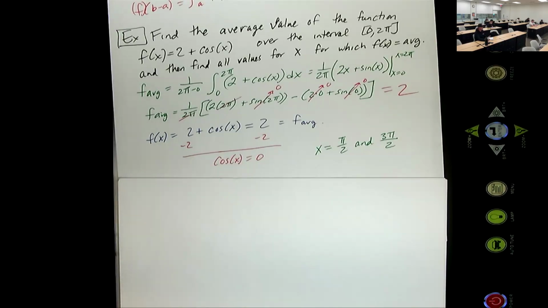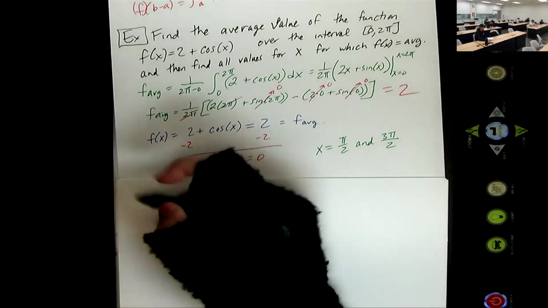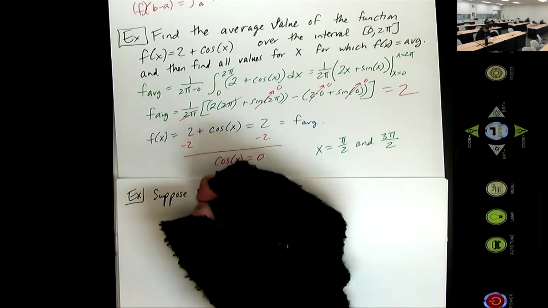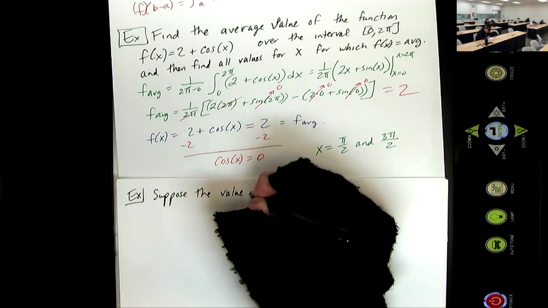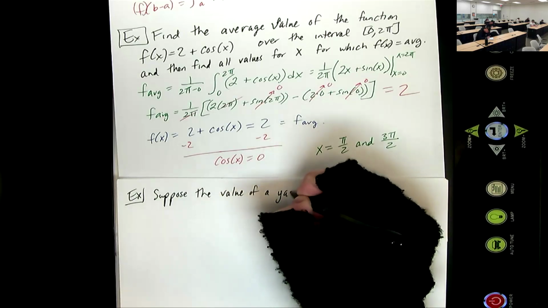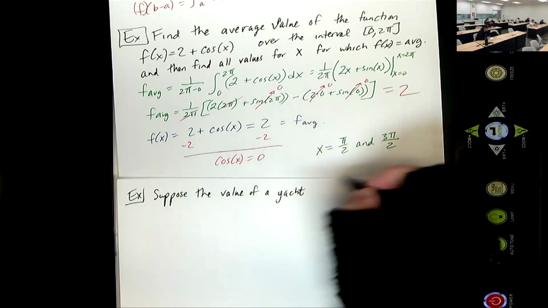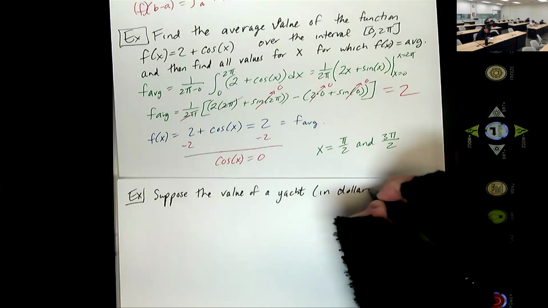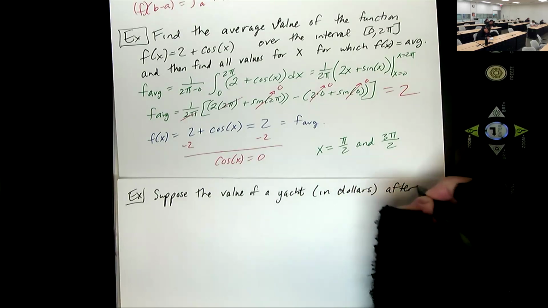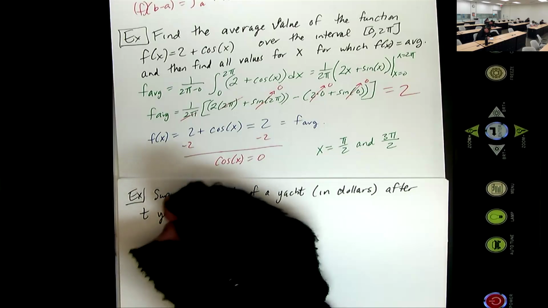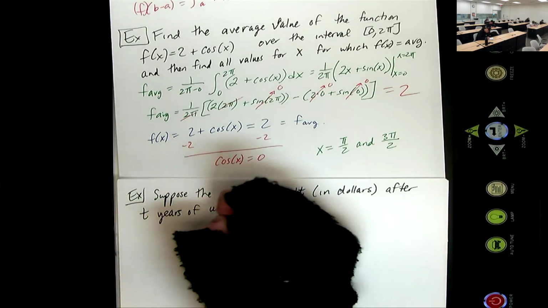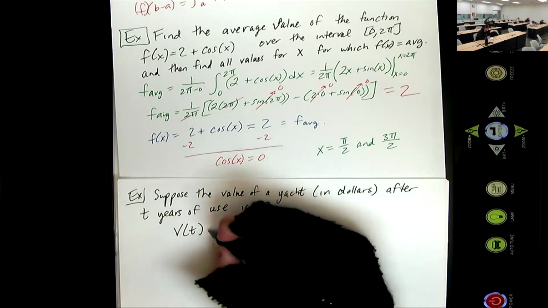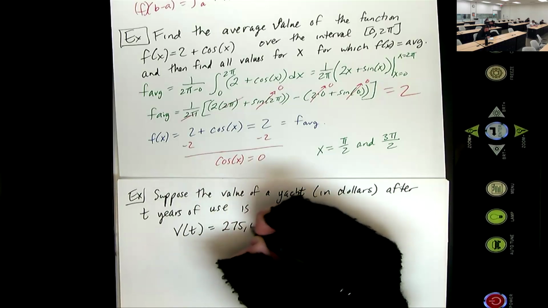Suppose the value of a yacht, in dollars, after t years of use is V of t, in this case, V is value. 275,000.